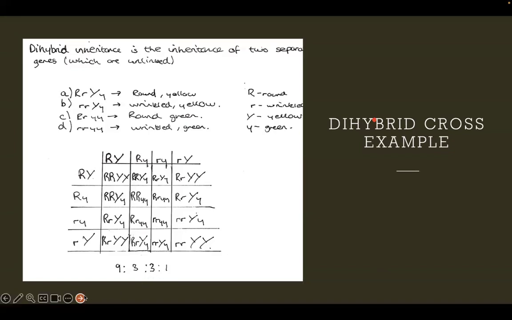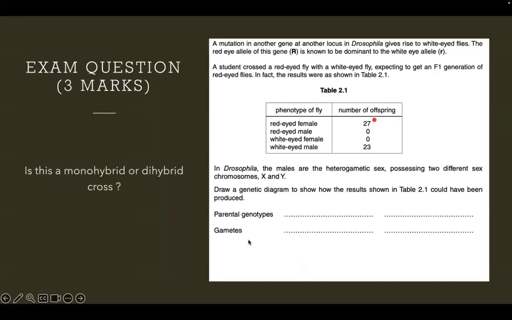And I want you guys to now attempt this exam question here. It is a dihybrid cross. So I'm going to give you a few minutes to have a go at this question, and then we'll talk through it. And you guys can put your answers in the chat of what you expect the parental genotypes to be and the gametes to be.